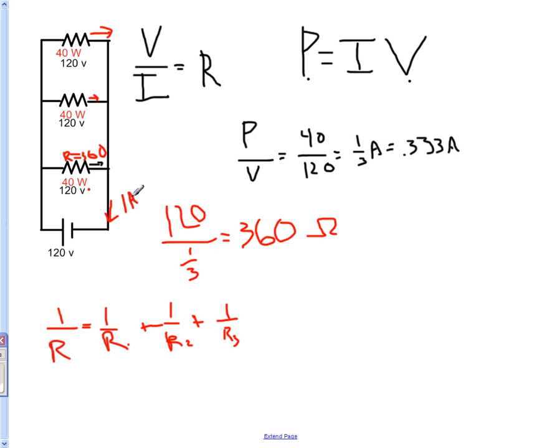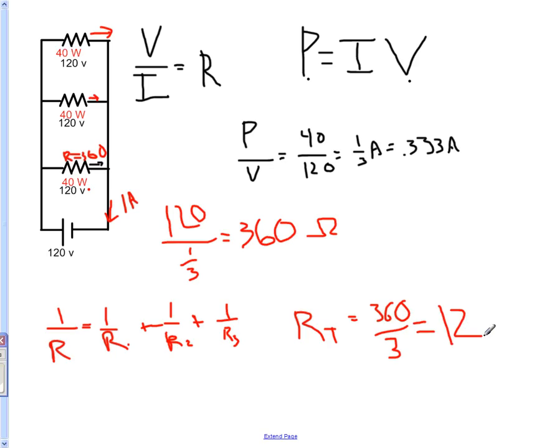They're all 360, 360, 360. So you can take the value of one resistor and divide it by the number of resistors they have. And so the total resistance for the circuit, R total, will be 360 divided by 3, or 120. So R total is 120.